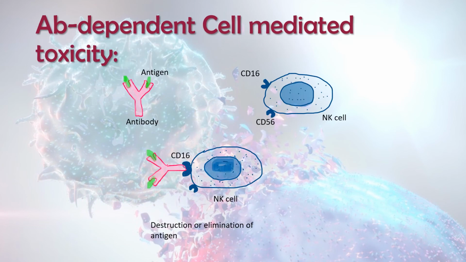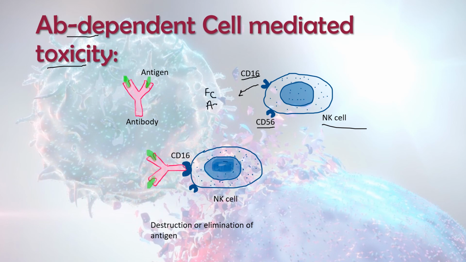Now the next and very important topic of natural killer cells is antibody dependent cell mediated toxicity. We know the structure of the NK cell. It possesses two types of CD markers. The first one is CD16 and the other one is CD56. This CD16 is the receptor for the Fc portion of immunoglobulin.